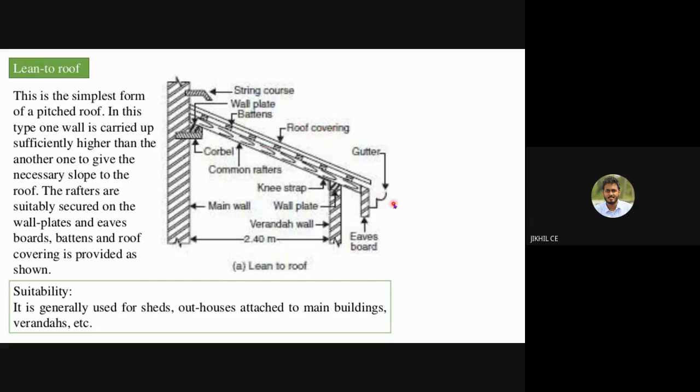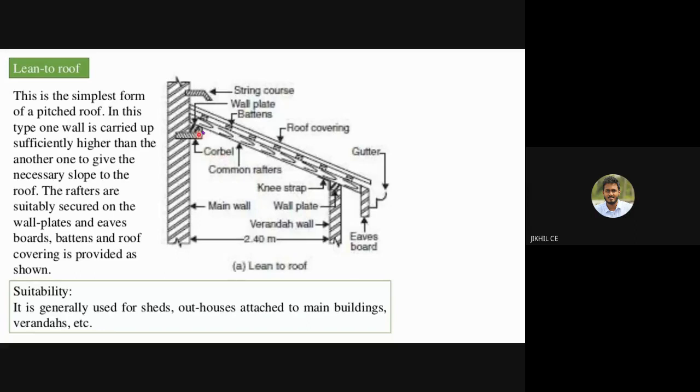So we have roof covering, and a gutter for collecting all the rainwater and taking it out, and we have the string course, not important. Wall plate is not a member, it's a facility provided at the joining between the main wall and the rafter, so that it remains in this angle, for support.